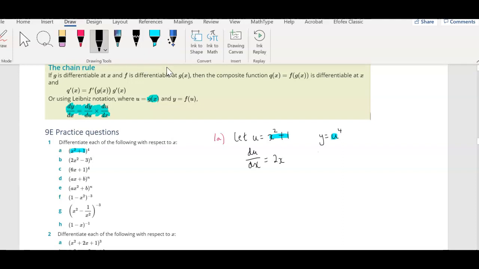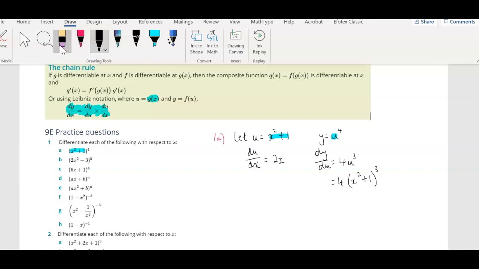All right, so dy du is equal to 4u to the power of 3. All right, so we're just taking the derivative of u to the power of 4, which becomes 4u to the power of 3. And then we can substitute u back in. X squared plus 1. And then that's to the power of 3.